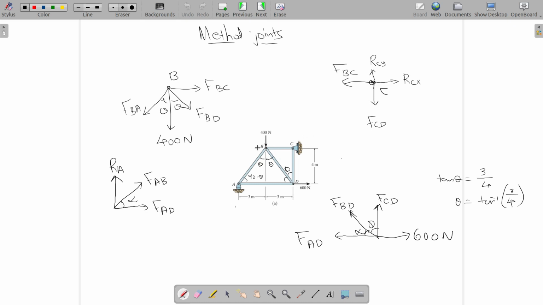So using that way it will be easier for you to deal with the problem. Otherwise also you can solve the system. You have 8 equations and 8 unknowns, but it's going to be a little difficult, right?